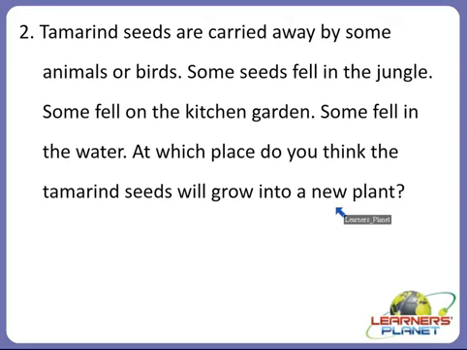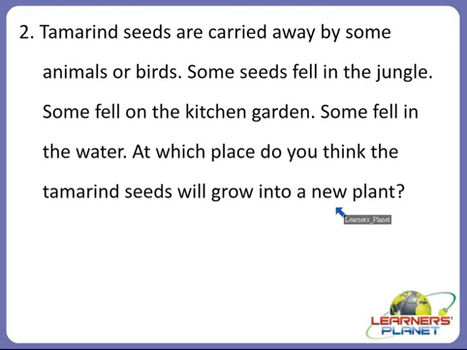Now you know that certain seeds have hooks, stiff hair, spines which help in their dispersal, right? But here in this question, there is no such hook or stiff hair or spines available, right? But children, tamarind seeds are actually carried away by some animals or birds, right? Because tamarind seeds have a spine or hook, or they have stiff hair. What is there? They do not have any spine, they do not even have hooks.